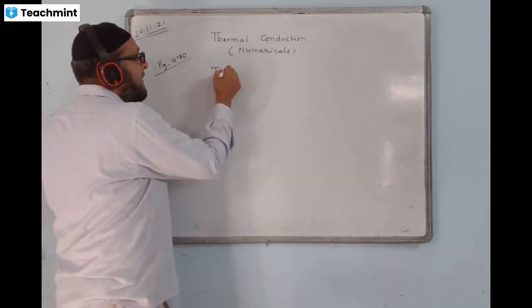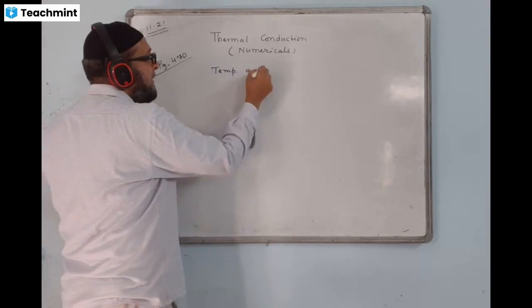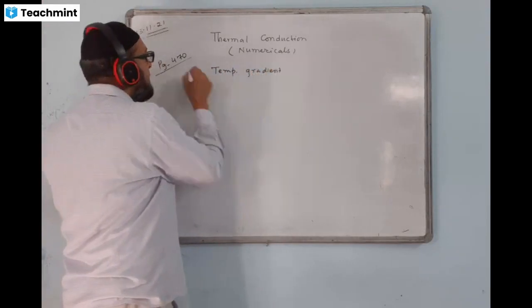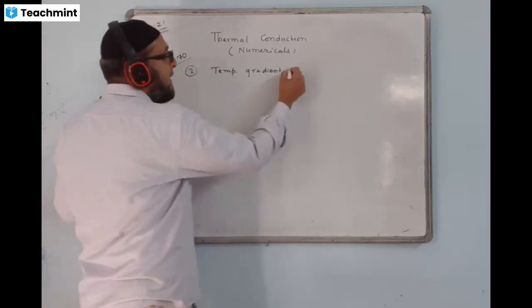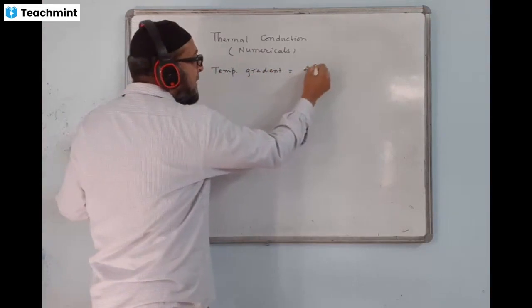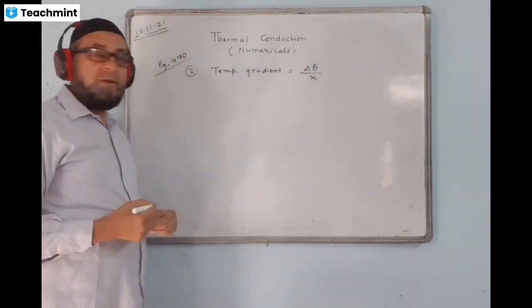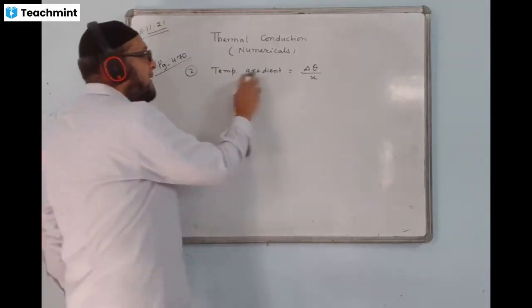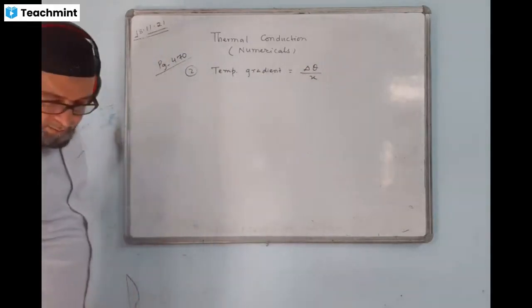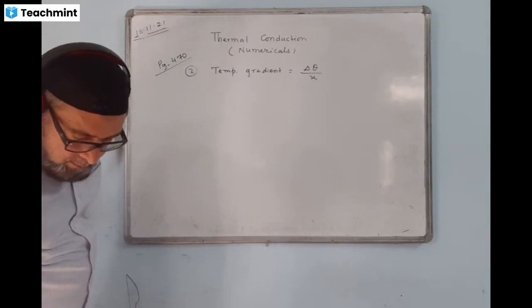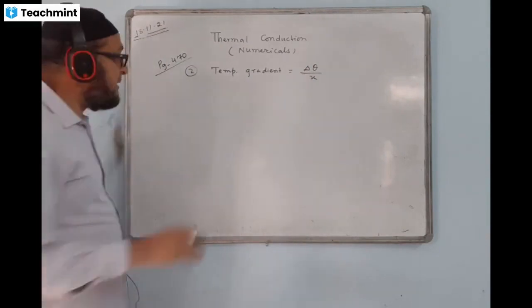Right, temperature gradient. Temperature gradient formula will have delta theta by x, where x means the length or the thickness. Temperature gradient in the question given is 80 degrees Celsius per meter.